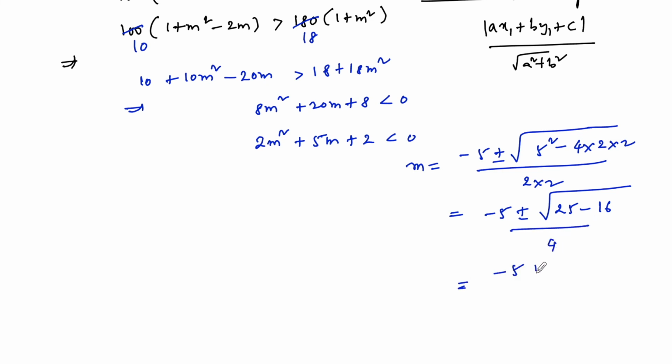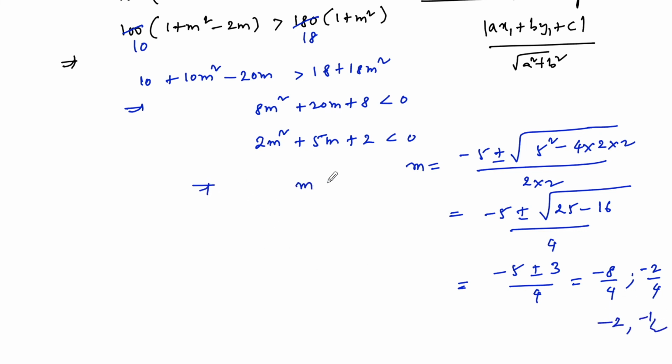So we can get minus 5 plus or minus 25 minus 16 is 9, square root of 9 is 3, upon 4. So we can get minus 5 minus 3, that is minus 8 by 4, or we can go with minus 5 plus 3, that is minus 2 upon 4.